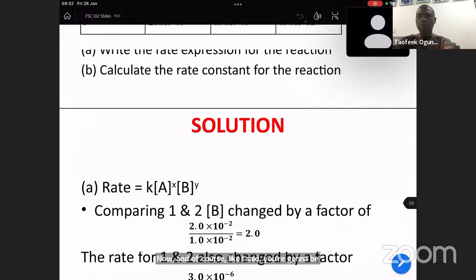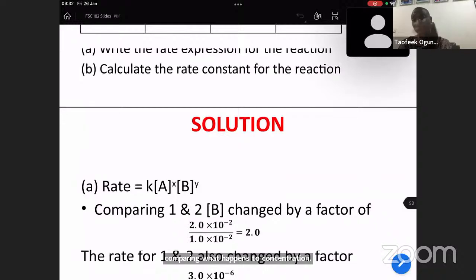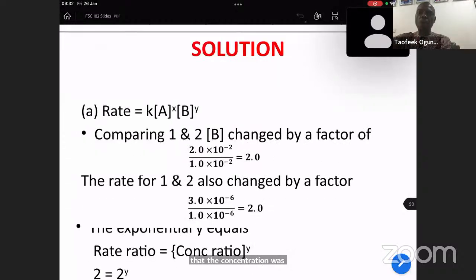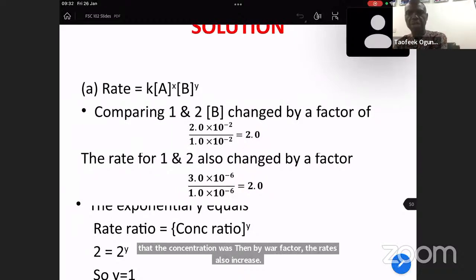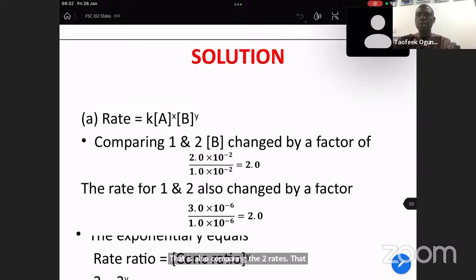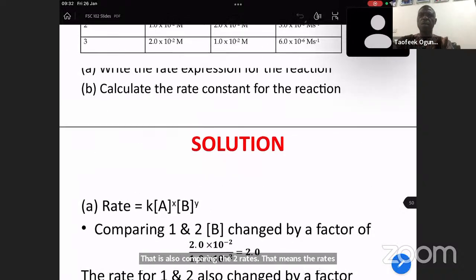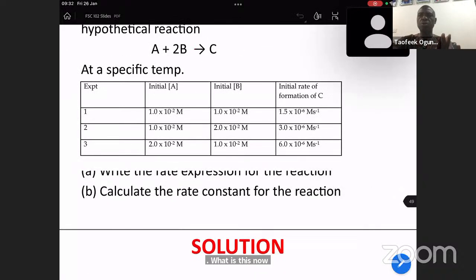You're comparing concentration to know by what factor you increased it. When you compare the original concentration and the second concentration, it's obvious that the concentration was doubled. Then, by what factor did the rate also increase? That means you're also comparing the two rates, comparing 1 and 2.